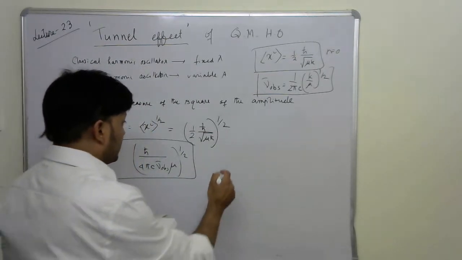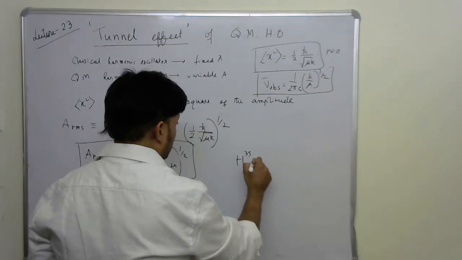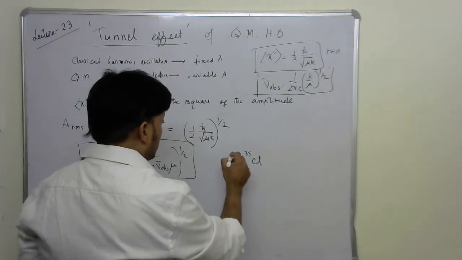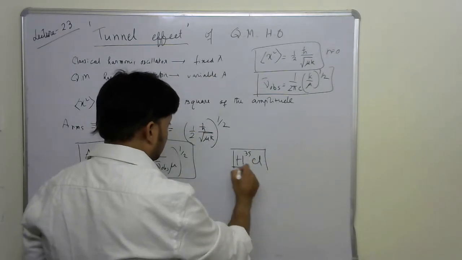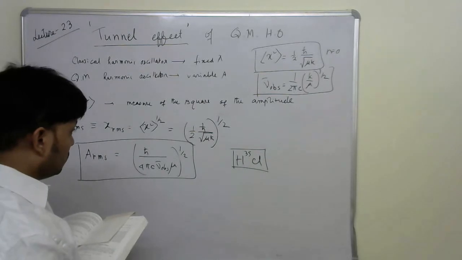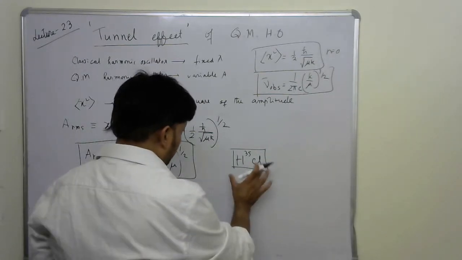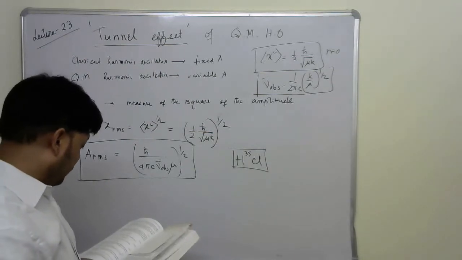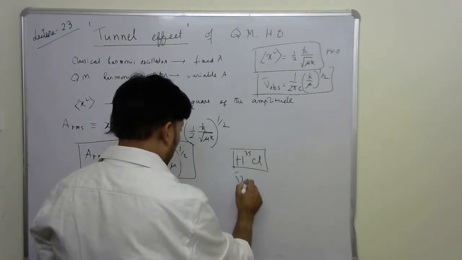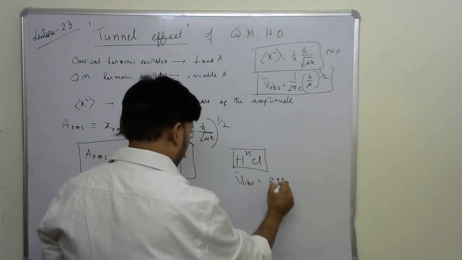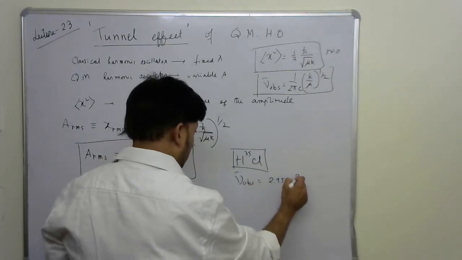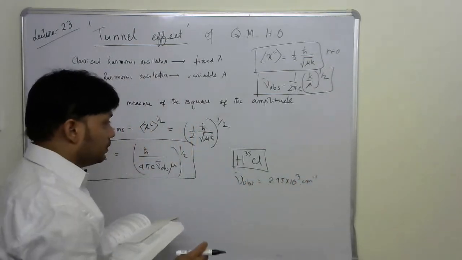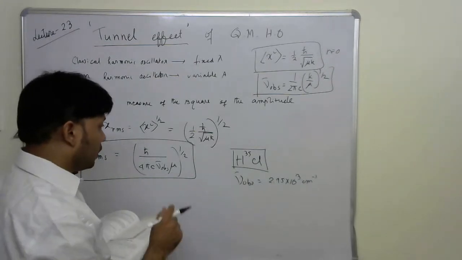We can take an example here: H35Cl, the normal isotope of chlorine. What is its vibrational frequency? Its vibrational frequency, that means nu bar observed, is given as 2.95 multiplied by 10 to the power 3 centimeter inverse. At that frequency you will observe the stretching vibration for HCl.